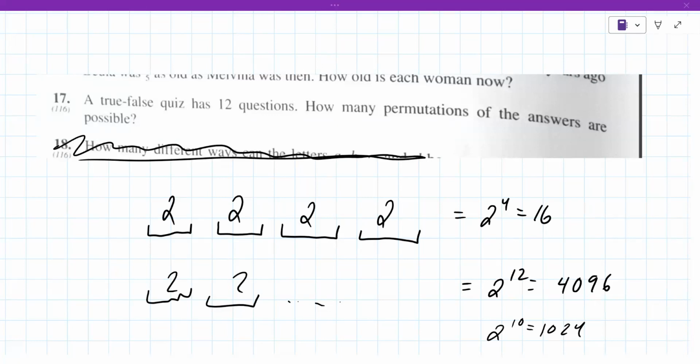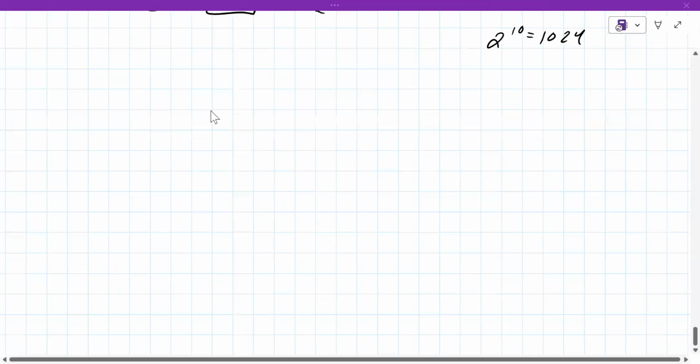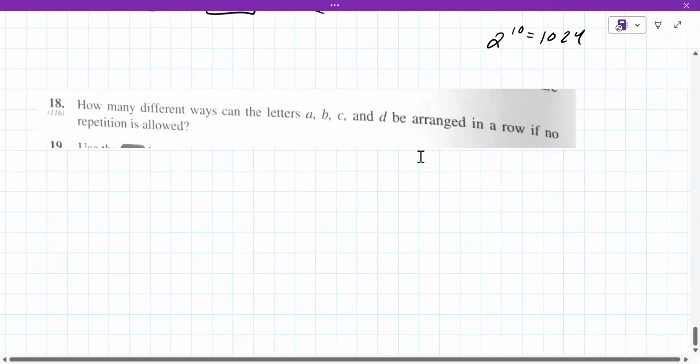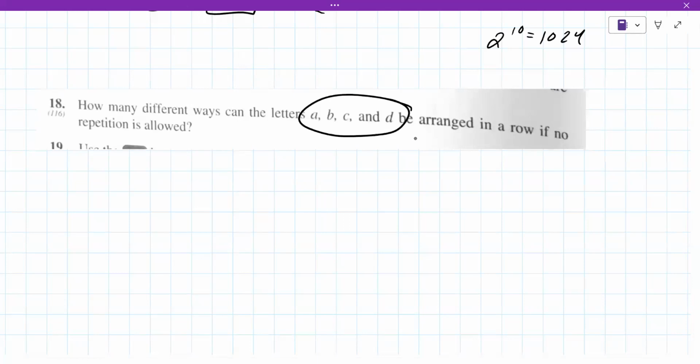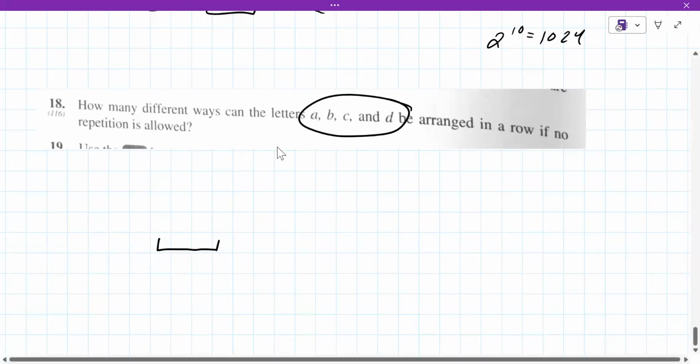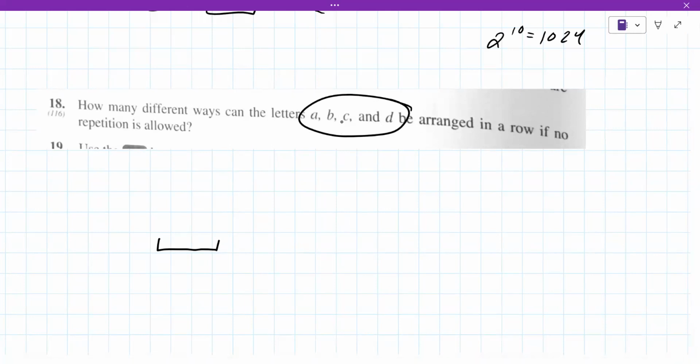Now, 18's related. This is the kind of question about how to arrange books or letters. So you got 4 letters, A, B, C, and D. And you got to pick a letter to go in the first position. How many letters are there that you can choose to go in the first position? You got 4 possibilities, but then you've taken one away.